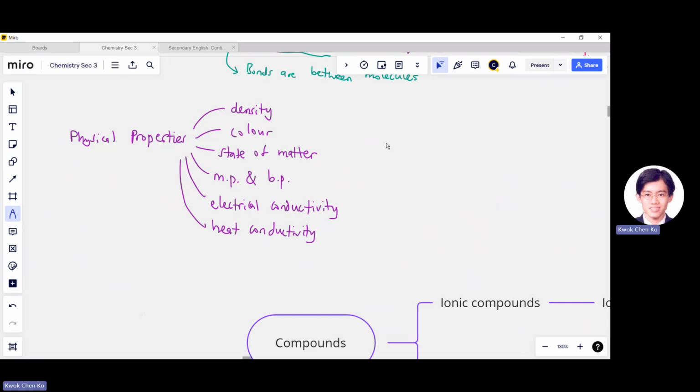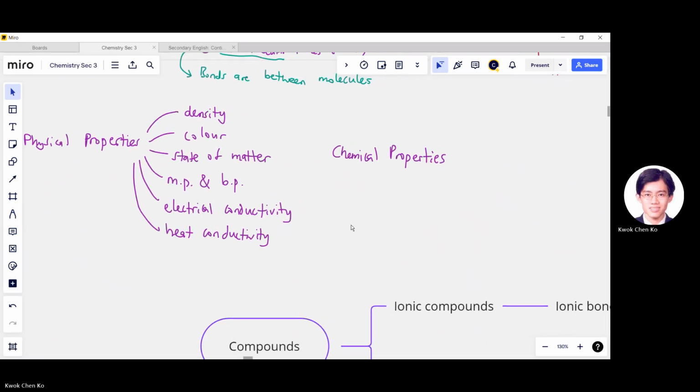Now, in contrast, your question may also ask you about chemical properties. In the simplest sense, it means the chemical reactions that the substance can undergo.